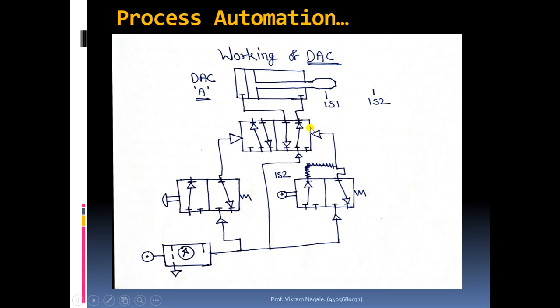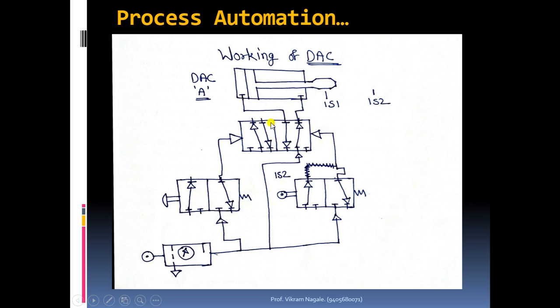and the pressure which was being applied on the right hand side will get exhausted into the atmosphere in this way. Hence whenever this rod end leaves the 1S2 position, there won't be any pressure on the right hand side of this valve.